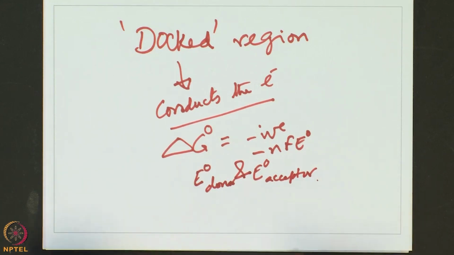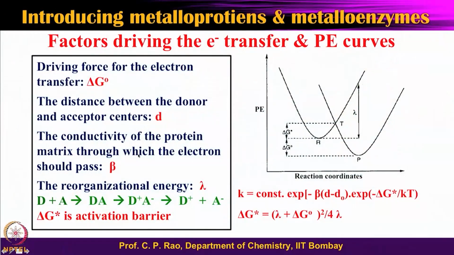It also depends on the donor center to acceptor center distance, which is shown as D. And the third factor is, as I told you earlier, the docked region, which is the region where the electron is conducting. Obviously, the medium conductivity is also important.